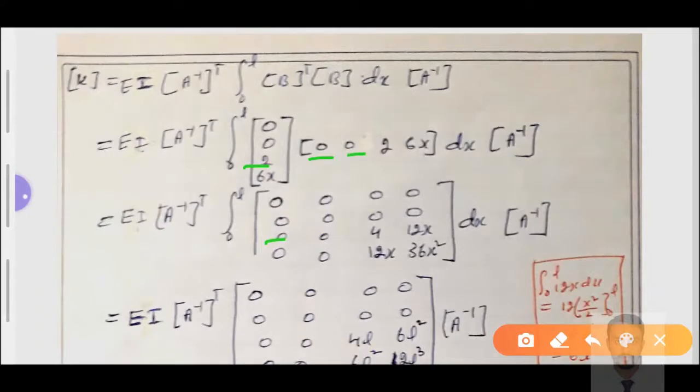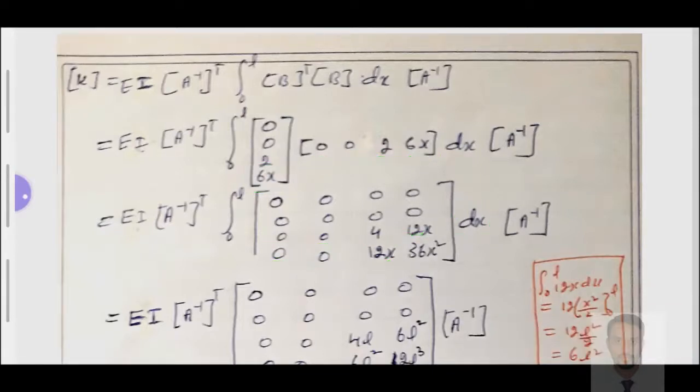Third row second column equals to 0. Third row third column 2 into 2, 4. Third row fourth column 2 into 6x, 12x. Then fourth row first column 0, fourth row second column 0, fourth row third column 6x into 2, 12x. Then fourth row fourth column 6x into 6x, 36x square, into dx.